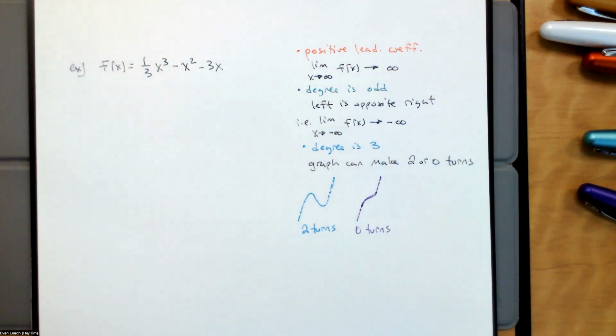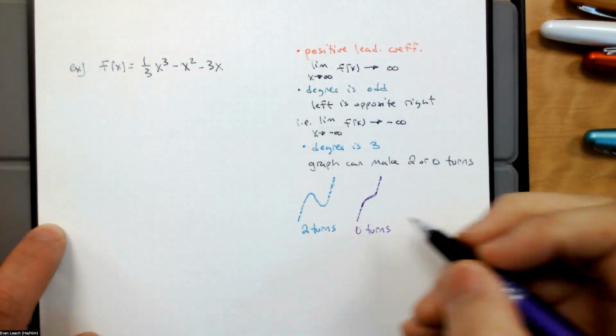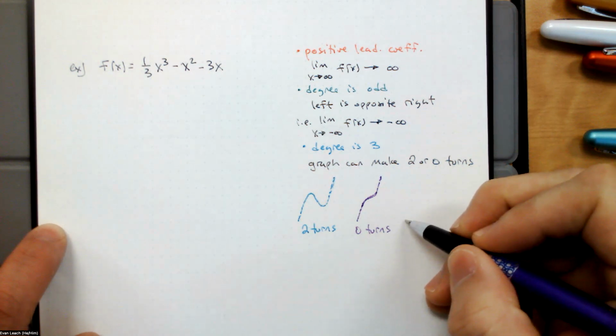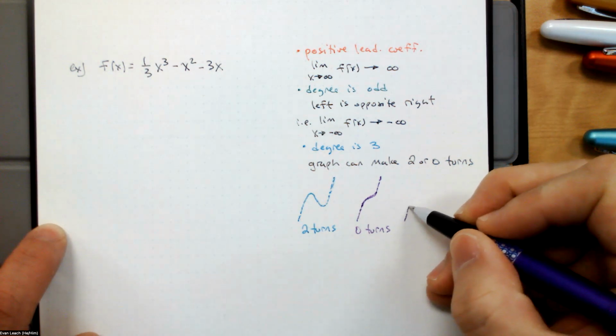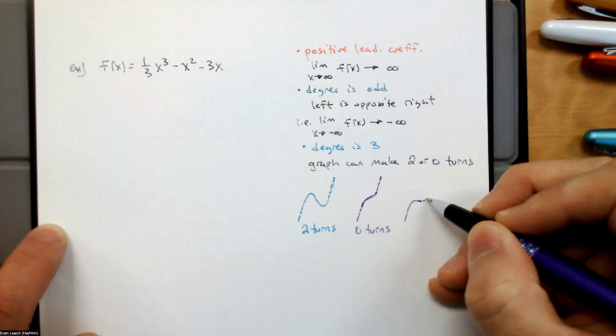Notice that the graph bends. Bending is fine. It's not changing direction. The graph is always increasing. A turn is a full-on change in direction. The other way we can make 0 turns is the graph can flatten out, take a little rest.